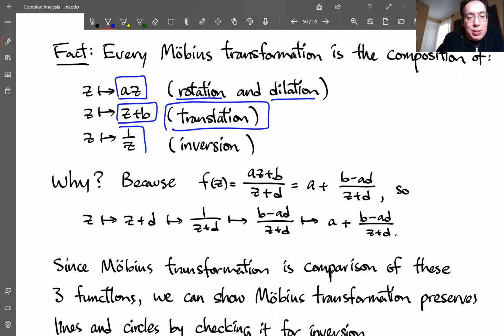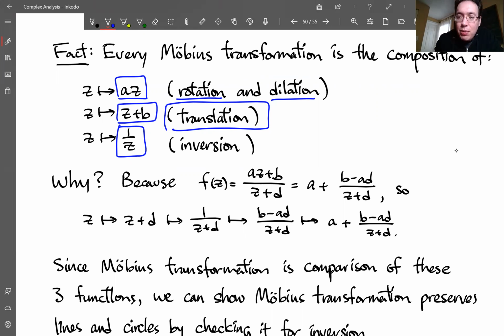And we also understood the simplest case where we have Z in the denominator, and this was called the inversion. It turns out that if you understand these three, then you understand every Mobius transformation, because it's a combination of these three actions, right?